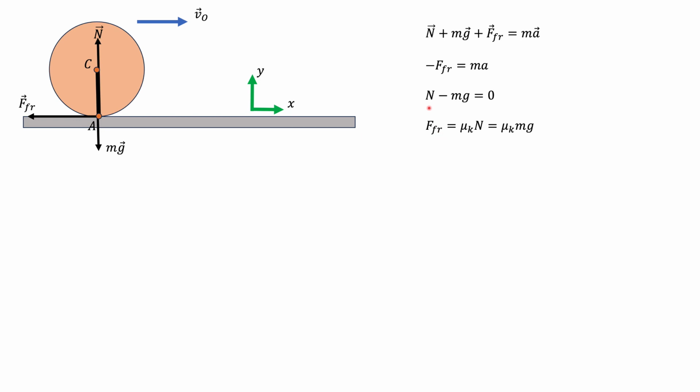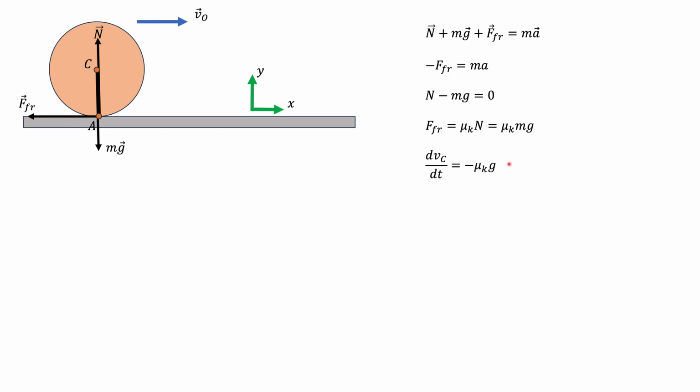We can plug this value into this equation and get this expression for the acceleration of the center of mass. So this derivative of the velocity of the center of mass is the acceleration of the center of mass, and that equals minus coefficient of kinetic friction times g.